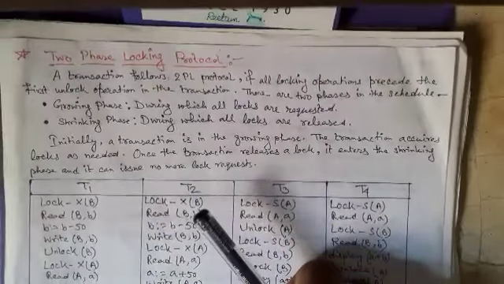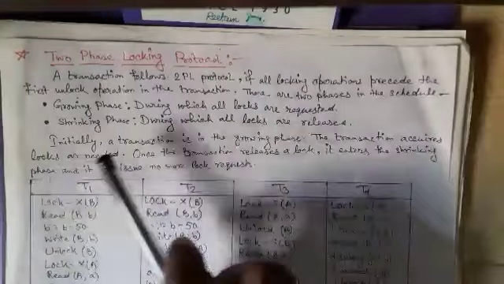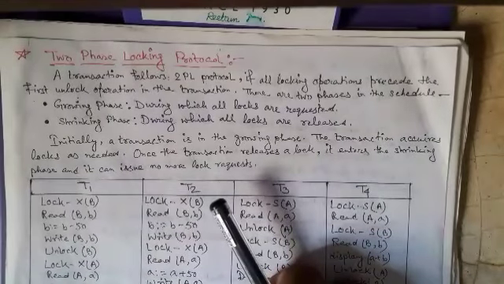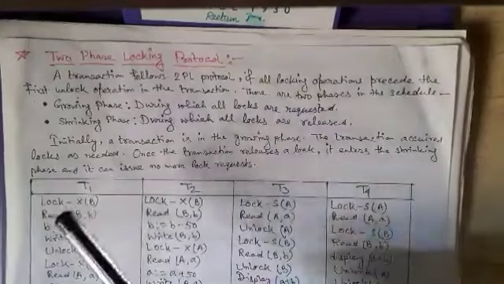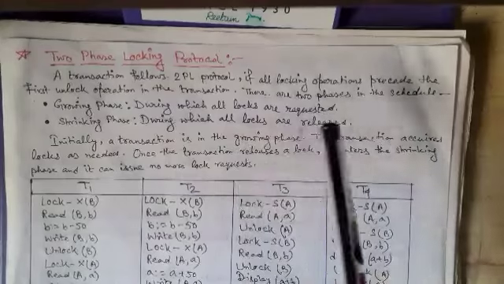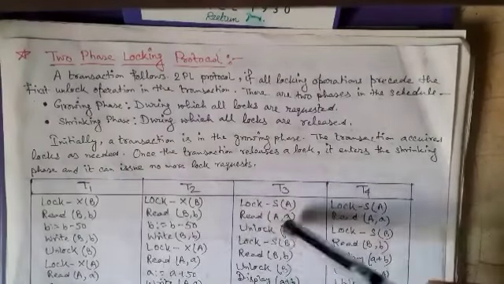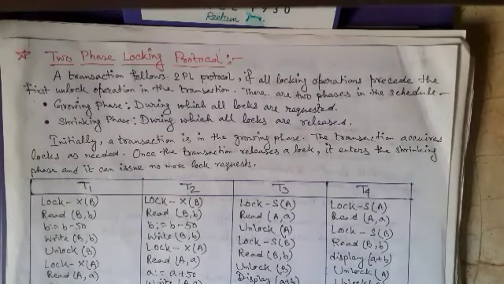In the growing phase, we can lock any items, and in the shrinking phase, all locks are released. That means in the shrinking phase, we unlock all the locked items. In the two-phase locking protocol, there is no situation where there is some lock, then unlock, then again lock. That situation does not occur.